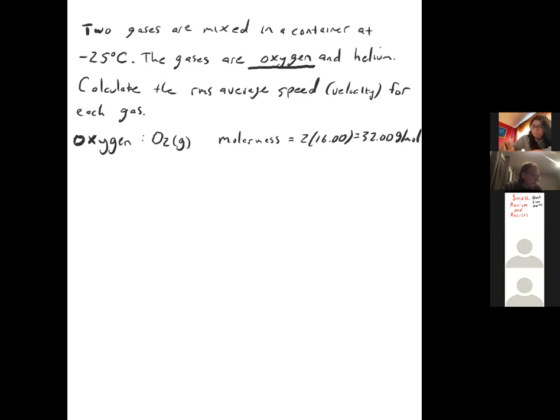Okay. We know the temperature, it's minus 25. I guess I should put a decimal point there because Alex always does that, right? But remember, we need to have the temperature in Kelvin. So I'm going to add 273.15.